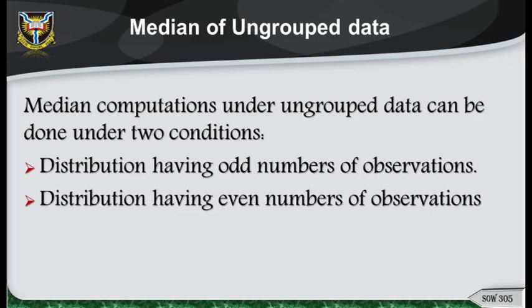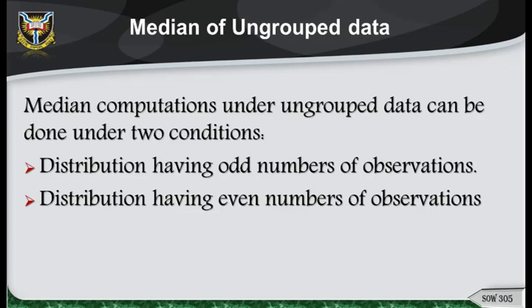2. Distribution having even numbers of observations. If there had been even observations, for instance 14, 21, 25, 27, 27, 40, then the median will be the summation of the two middle observations divided by 2.